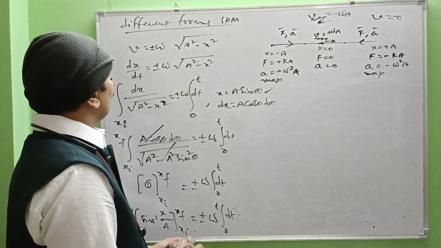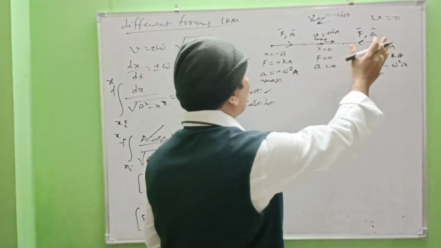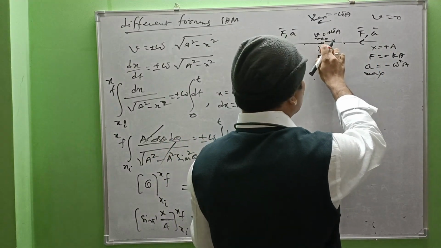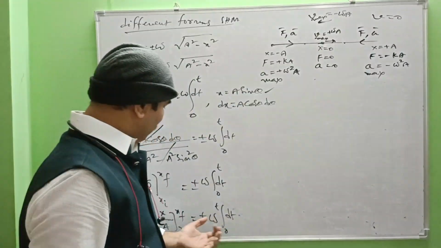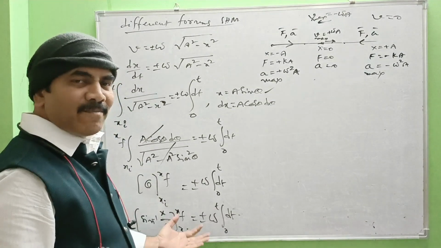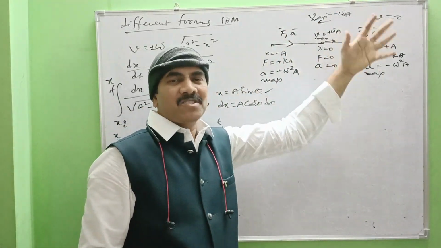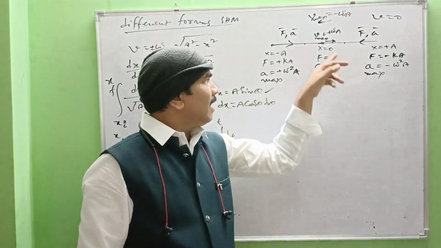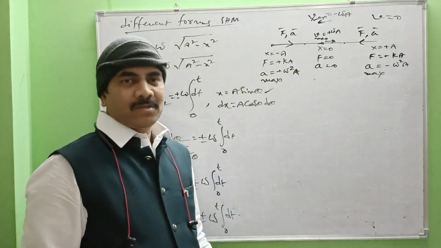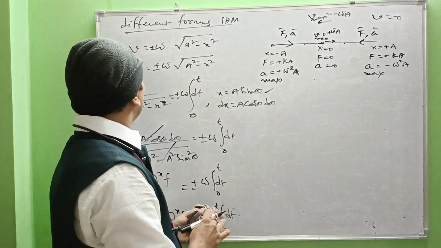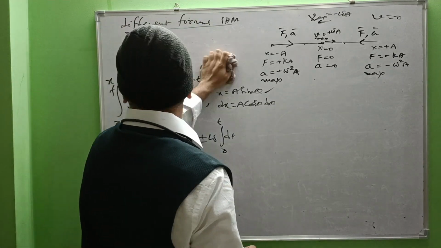Now we will consider different situations during the oscillation of the particle: at the mean position, at the positive extreme position, at the negative extreme position. How can this equation be modified at different positions of the oscillating particle? The same expression takes different forms.